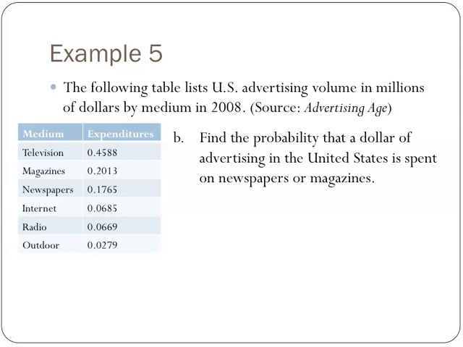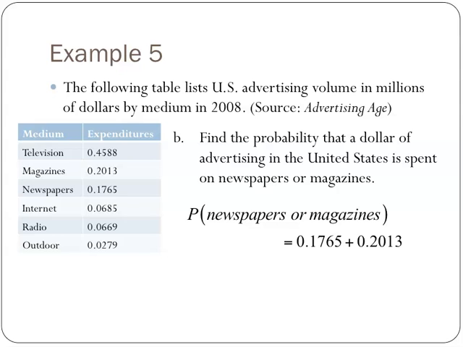All right, so part B, find the probability that $1 of advertising in the United States is spent on newspapers or magazines. All right, so newspapers, magazines, we can look up in the table that we just created what the probability of each of them would be. So to find the probability of it being newspapers or magazines, all you have to do is add those two together, and that comes out to be 0.3778.